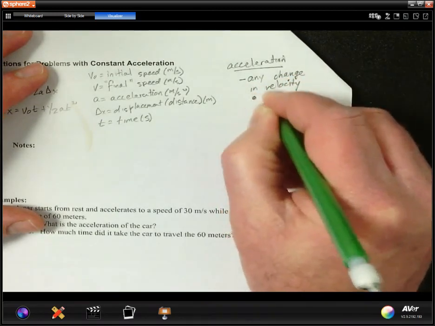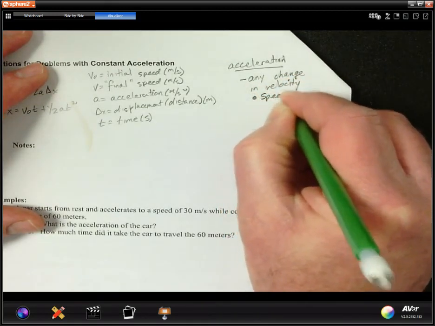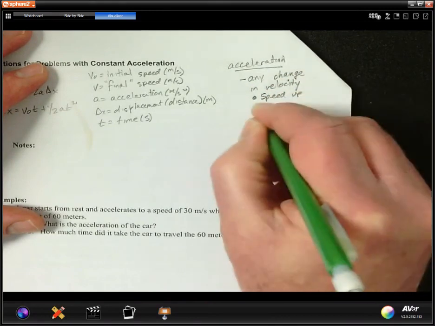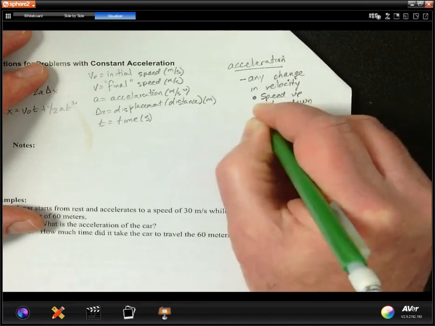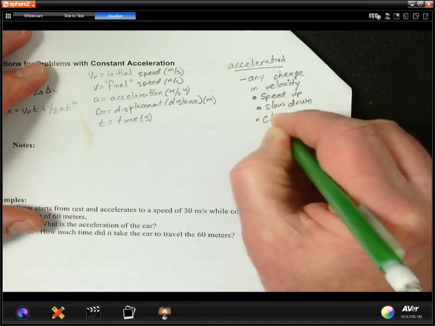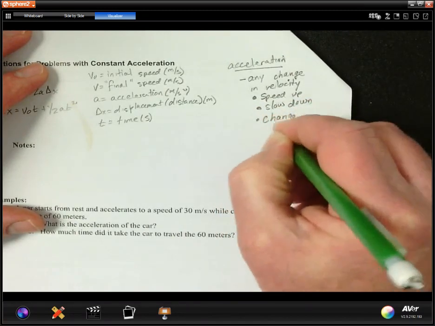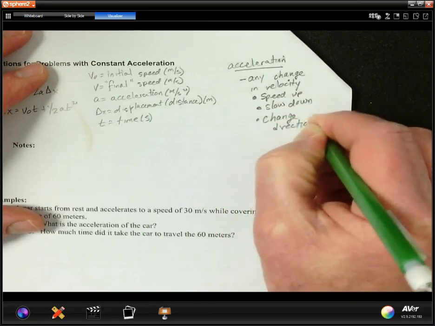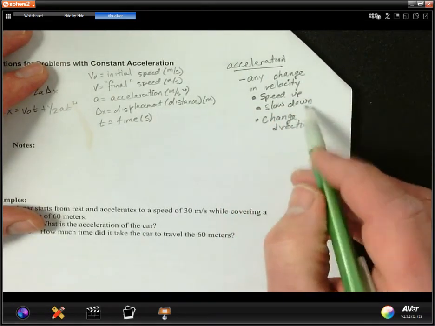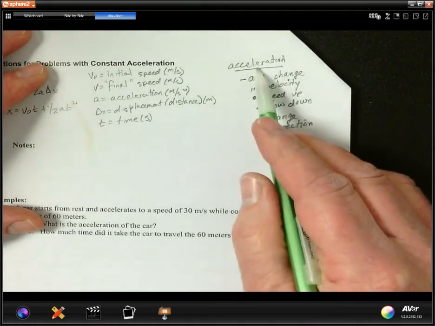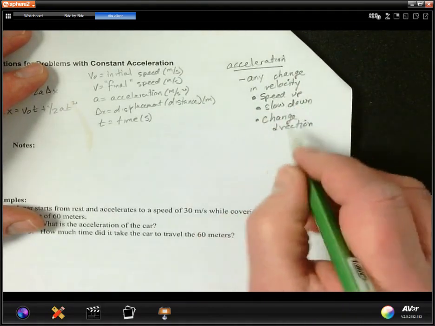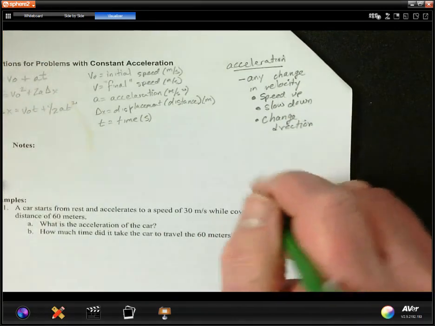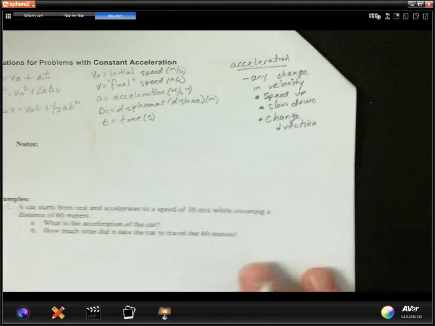Okay, I can speed up, I can slow down, or I can change direction. And all three of those are accelerations. All right, and we're going to deal with speeding up and slowing down in this unit, and then changing directions in a unit that's coming up.